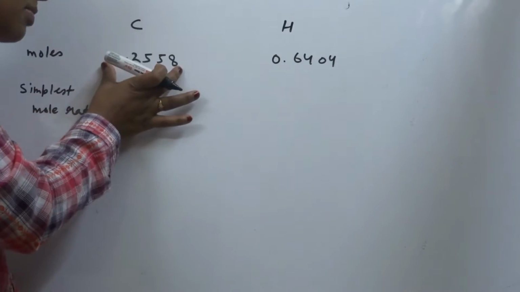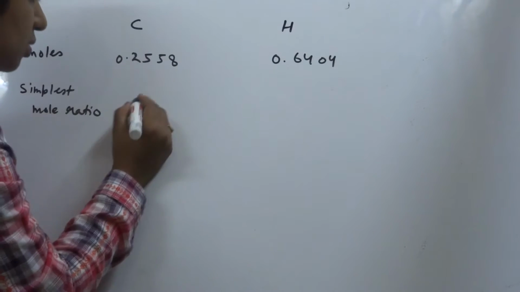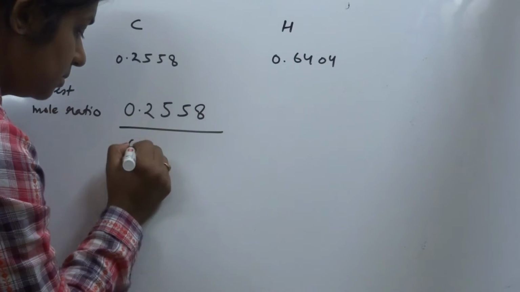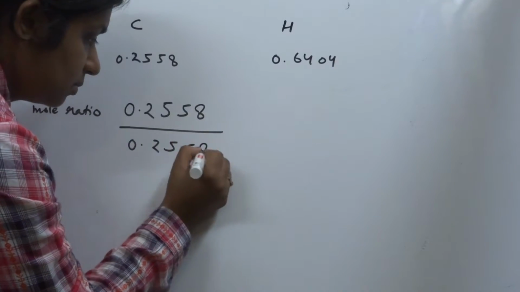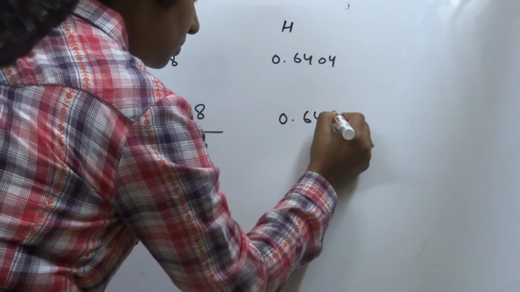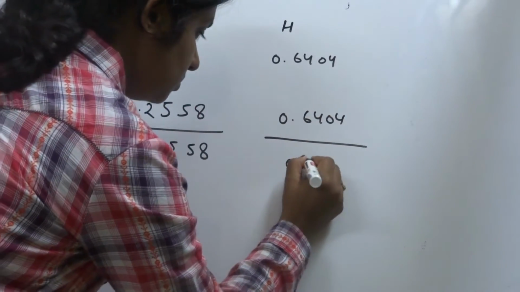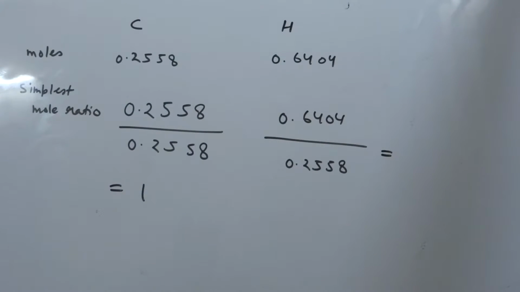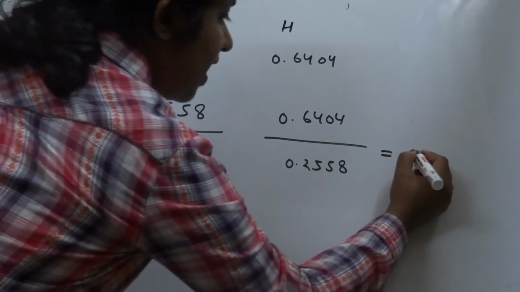Here the least number of moles is the moles of carbon. So carbon will be equal to 1, and hydrogen will be equal to 2.5.